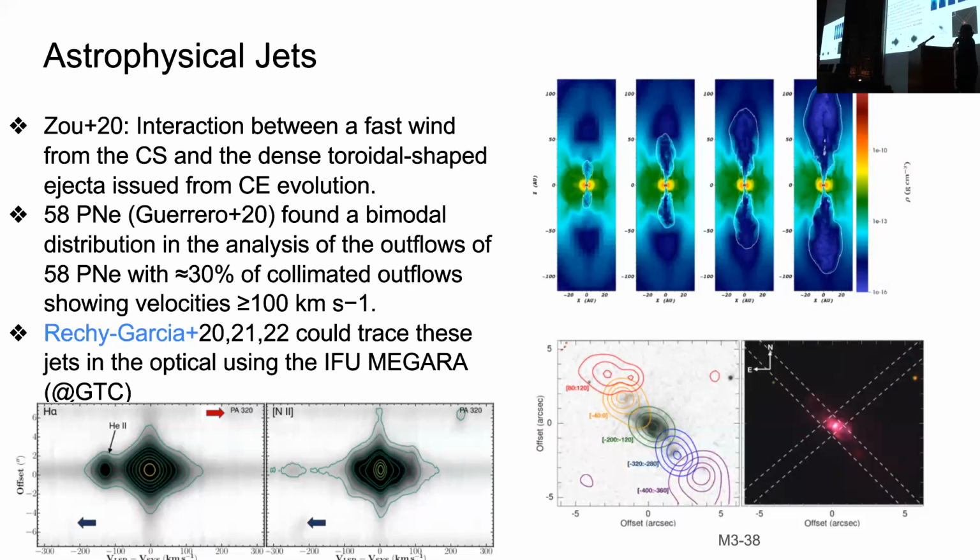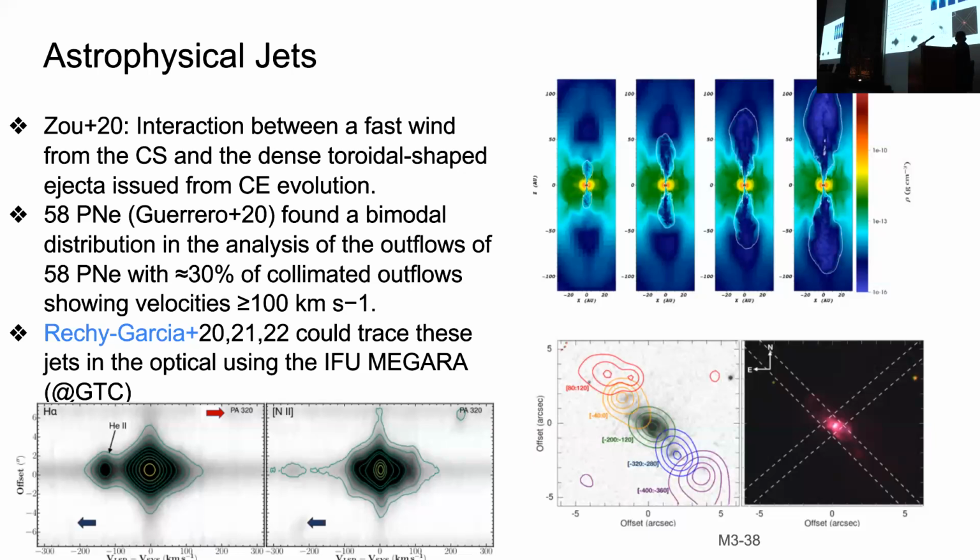Guerrero et al. in 2020 observed the distribution of 58 planetary nebulae, and they see that 30% of them showed collimated outflows. Jackie is here, and she gave a talk yesterday that showed us the jets as well in those planetary nebulae, observed with an IFU, MEGARA, at the GTC, and she's got plenty of articles on that in 2020, 21, and 22.